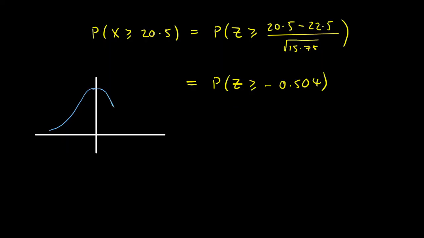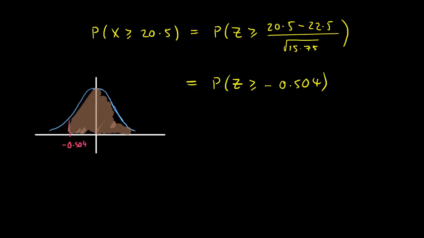I want to find the probability that I am greater than negative 0.504. So here's negative 0.504. I want to calculate the probability of me being to the right of that, right?